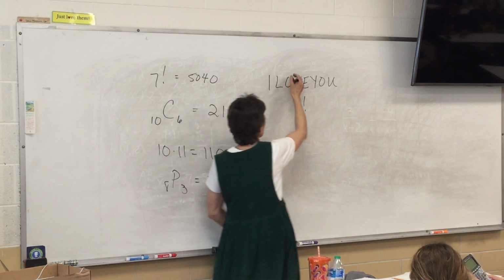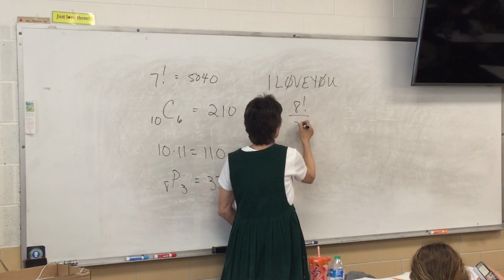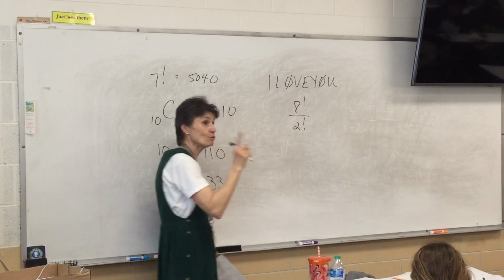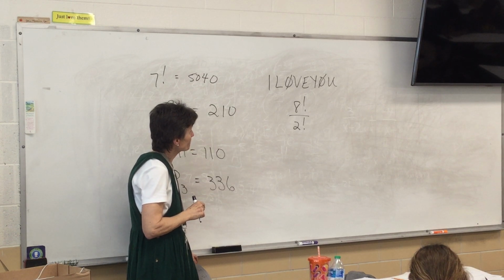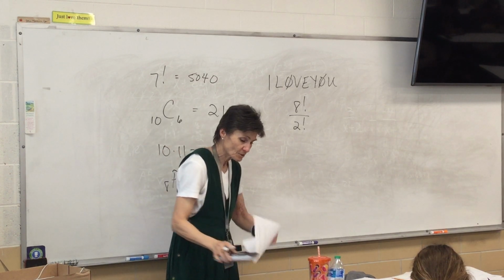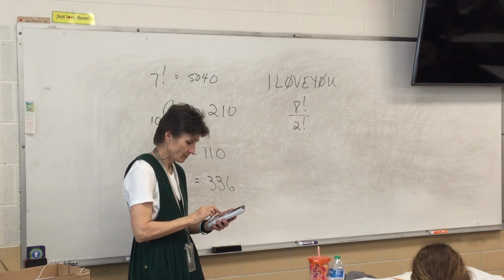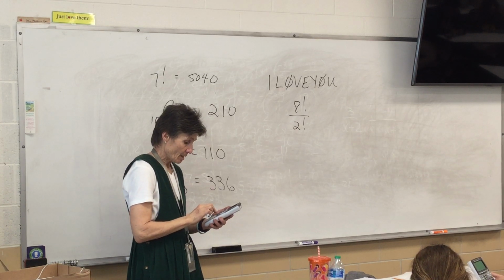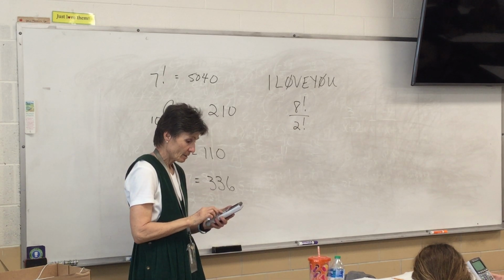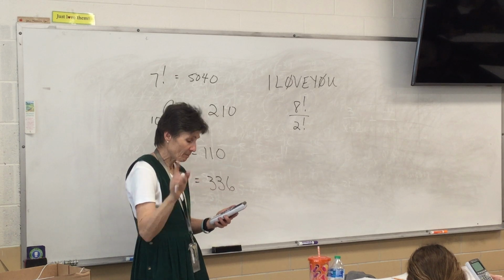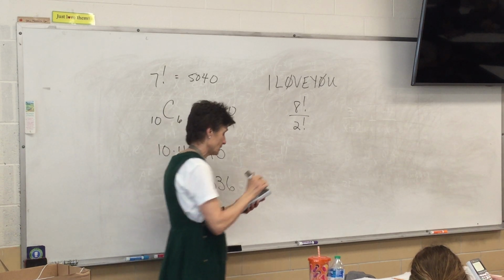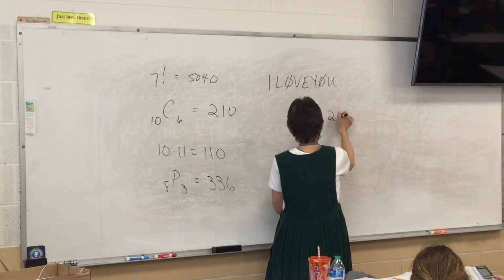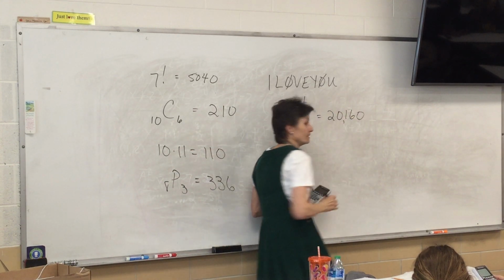There's 2 O's. So you divide by 2 factorial, for the 2 O's. Is that the only thing that repeats? Yep. All right, so your answer is 8 factorial over 2 factorial. So 8, math, probability, and then your factorial button. I got 20,160.